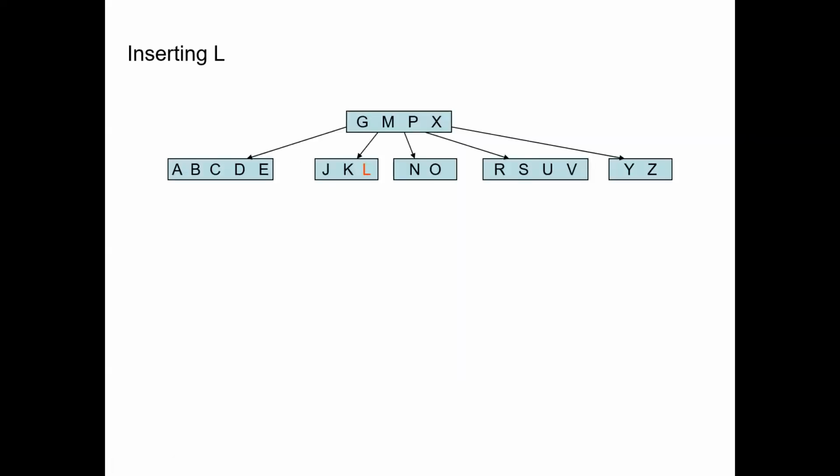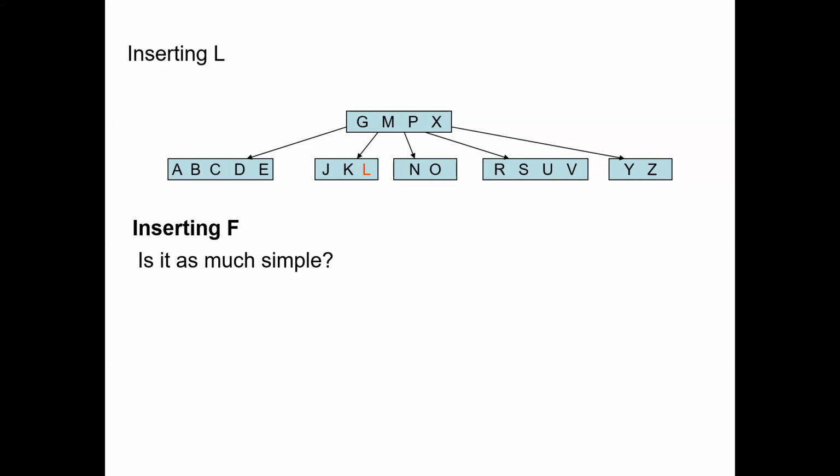Then let's suppose we want to insert the symbol L. Again, the node can accommodate this L symbol, no issues. Then we want to insert F. Now, this is a tricky one. In this case, F can reside in the leftmost node along with A, B, C, D, E.